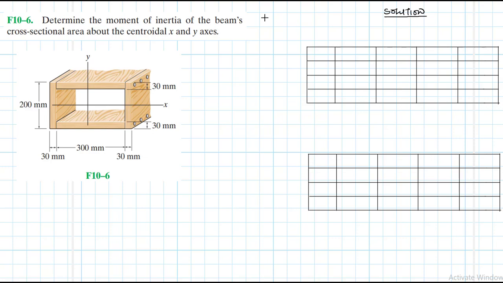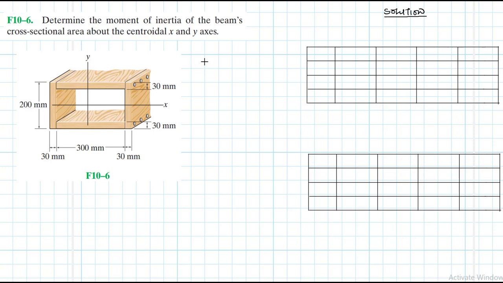Right. So moment of inertia of an area is also called area moment of inertia. It is also called second moment of area, and this is a geometric property of an area or a shape, such as a cross-section of a beam, which describes how the area is distributed around an axis where we want to find moment of inertia of an area.